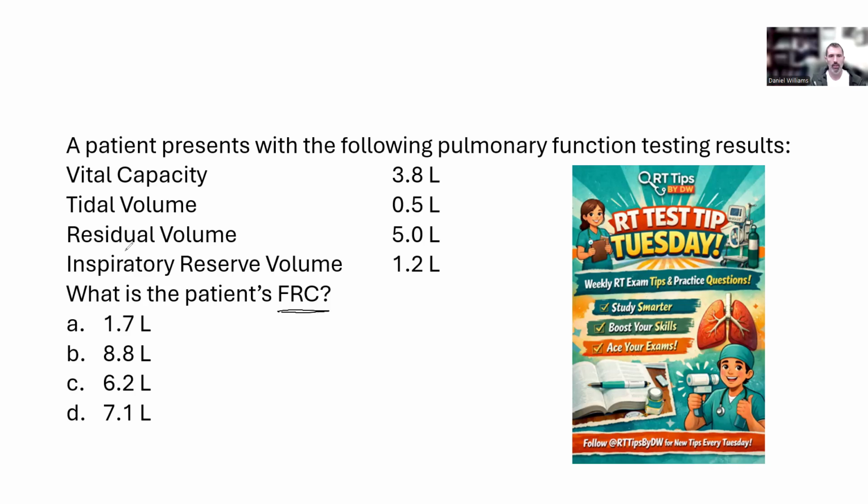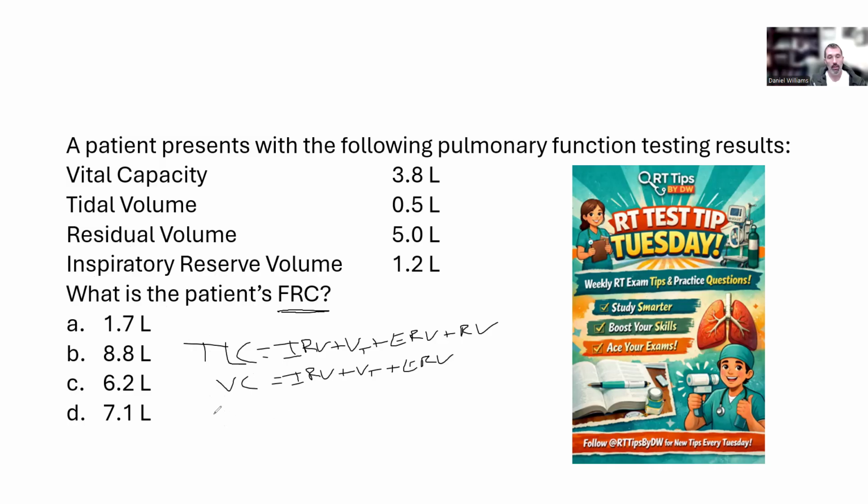For instance, we know that total lung capacity, or TLC, is the equivalent of inspiratory reserve volume plus tidal volume plus expiratory reserve volume plus residual volume. We know that the vital capacity is inspiratory reserve volume plus tidal volume plus expiratory reserve volume.